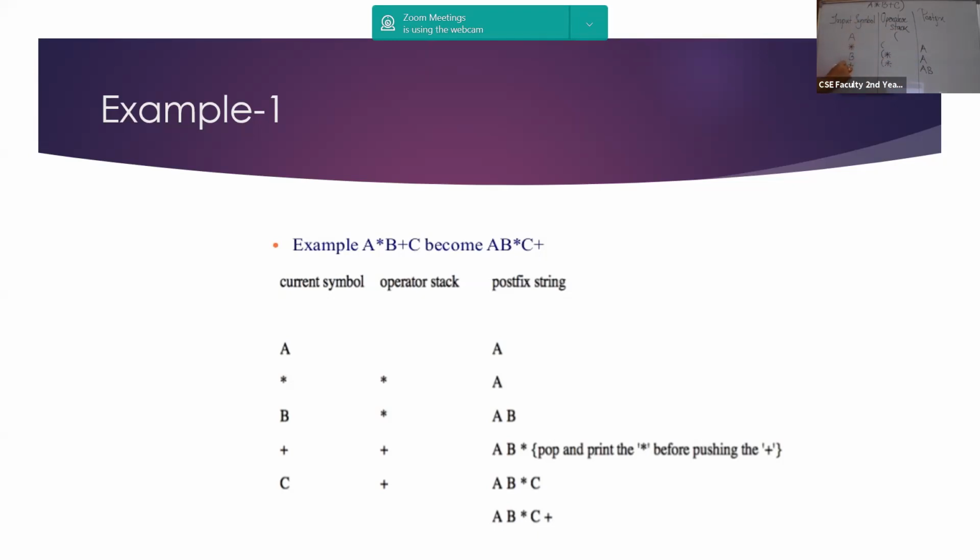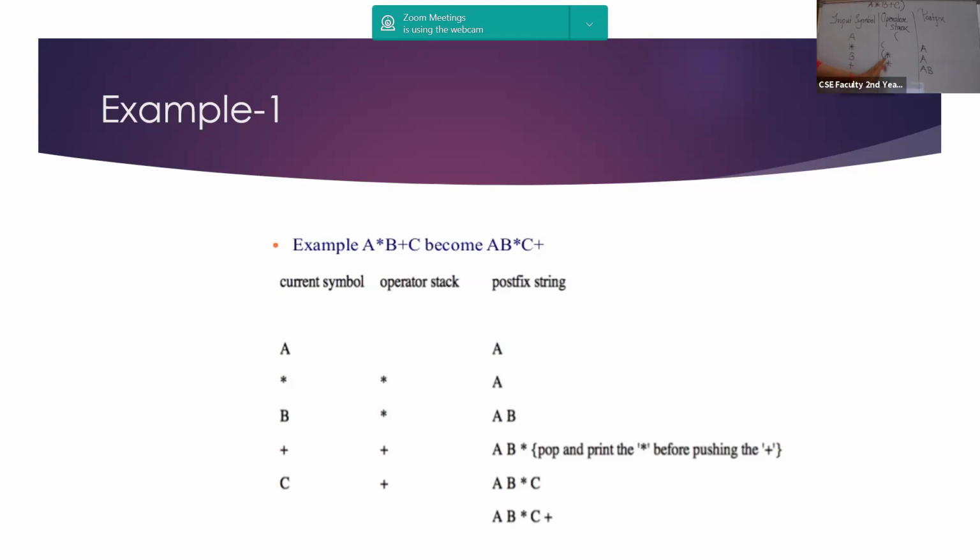Then plus. Okay. Now you see, whenever the algorithm says that a lower priority operator comes after a higher priority one, because multiplication has higher priority and plus has lower priority, so lower priority is coming after higher priority.